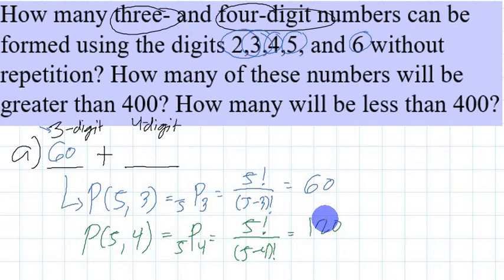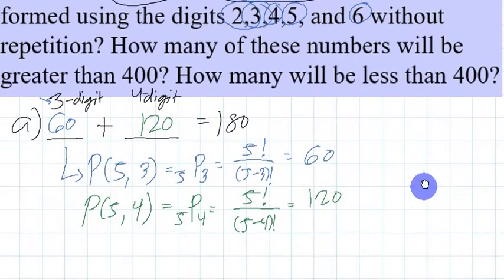With that, we can get the total number of 3-digit and 4-digit numbers that we can form. That will be 60 plus 120, which gives us a total of 180 3- and 4-digit numbers that can be formed using the digits 2, 3, 4, 5, and 6.